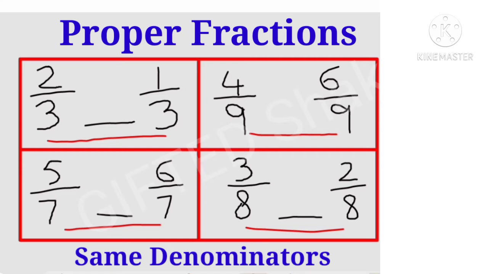So now we'll try to find out which fraction is bigger. If the denominators are same, what you have to check out is which numerator is smaller and which is bigger. The smaller numerator is a smaller fraction, the bigger numerator is a bigger fraction.